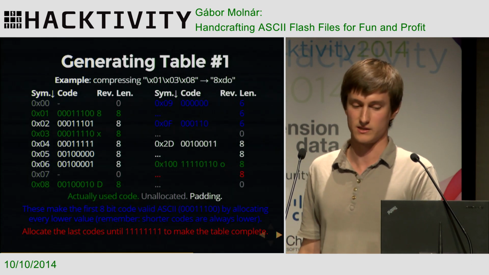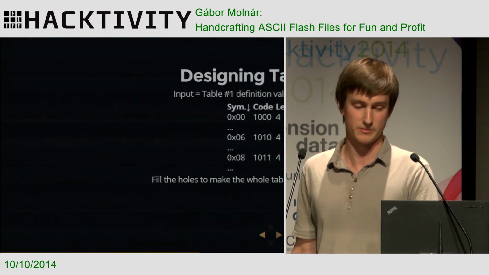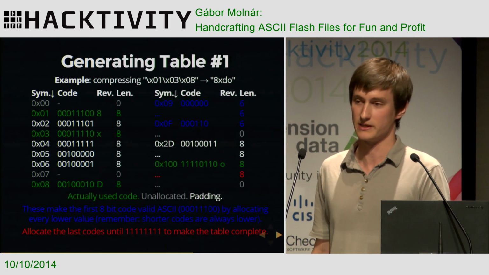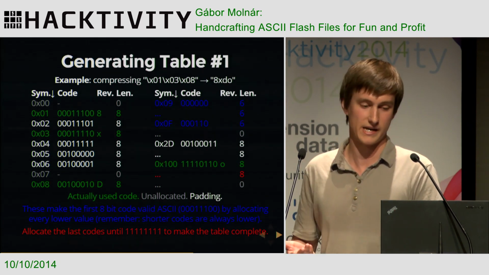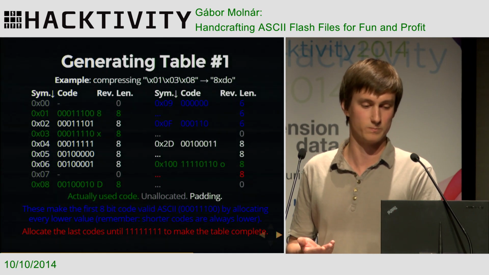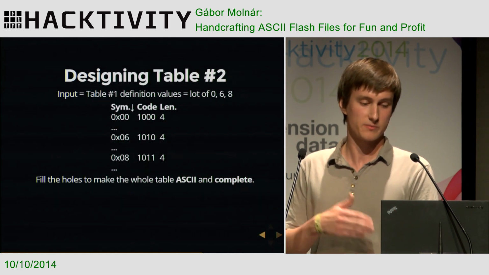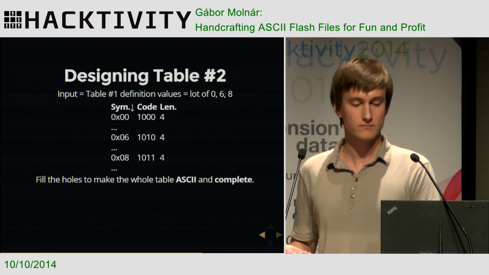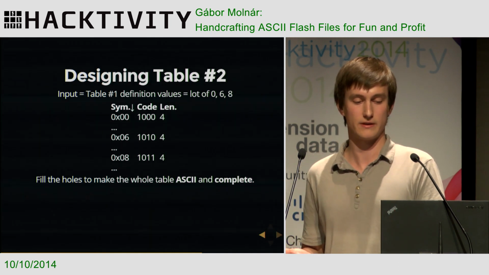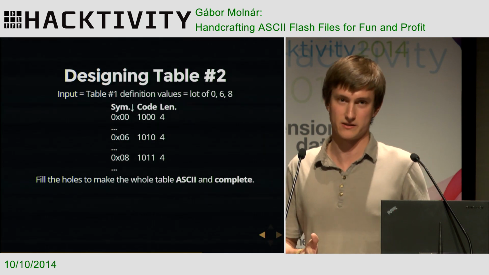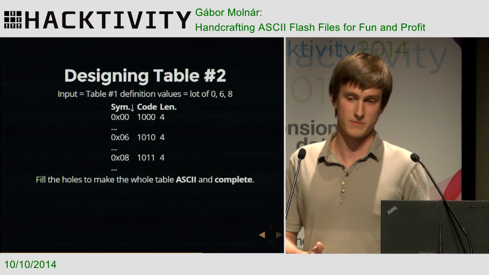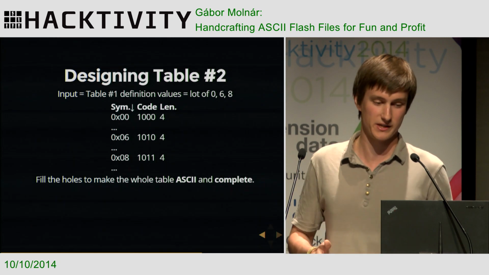And finally, the red part means that we need to define further superfluous 8-bit codes to have the table complete. We should not have an input where no output is defined. Once we have this, the compressed data will be ASCII only, but this is the table definition of table 1.